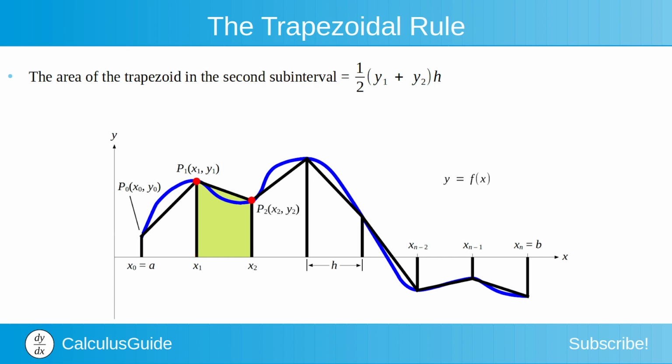The point x2, y2 is now highlighted on the graph. The value y2 is the length of the line segment now highlighted. The value h is the length of the line segment now highlighted.